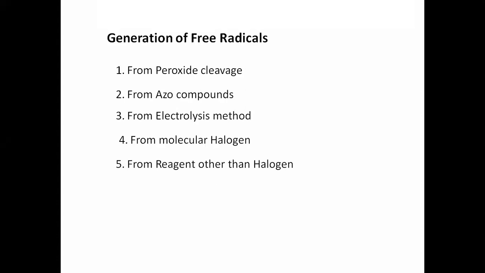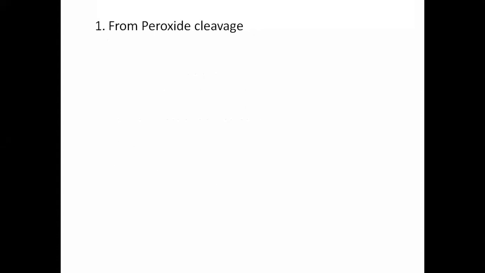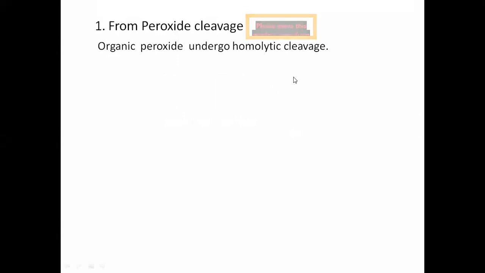We can easily generate free radicals from peroxides. Let us discuss one by one. From peroxide, using peroxide cleavage, undergoing homolysis, that will give you the free radicals.